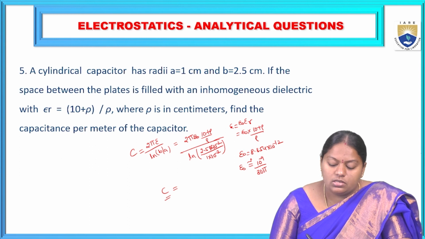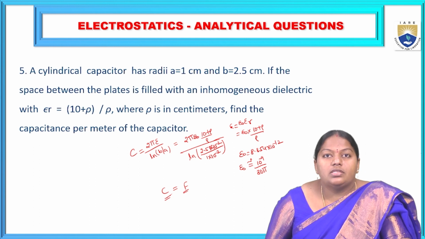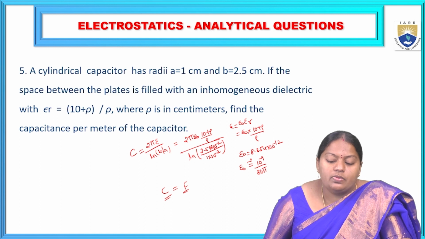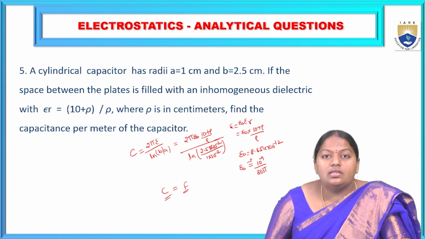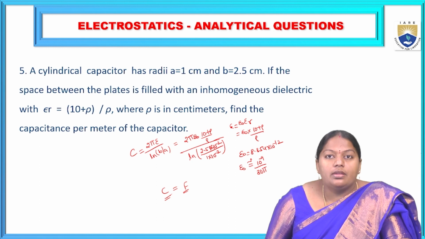As the capacitance is to be measured in terms of farads, the resultant one is to be expressed in farads. Right? So the two radius values are given, a equal to 1 centimeter and b equal to 2.5 centimeters. Along with that, epsilon r value is given as 10 plus rho by rho.